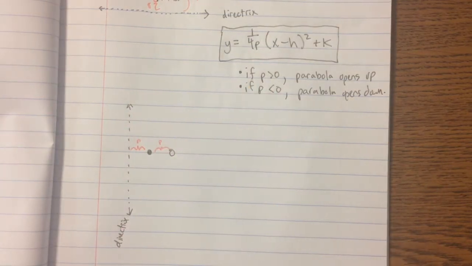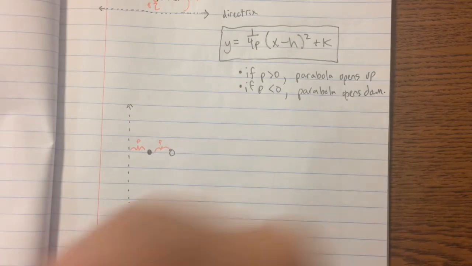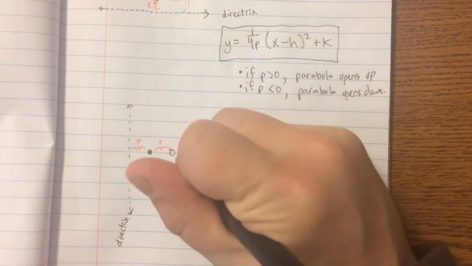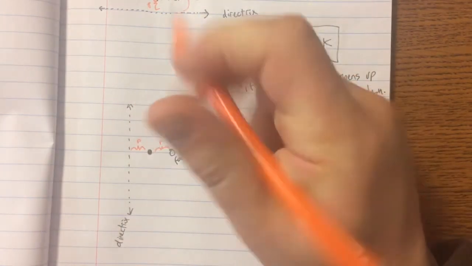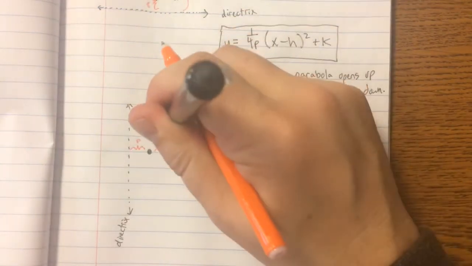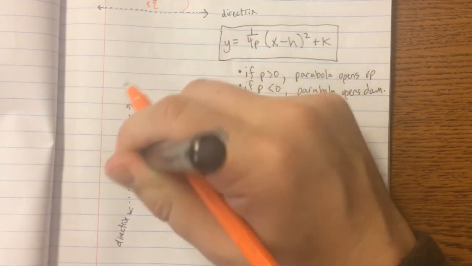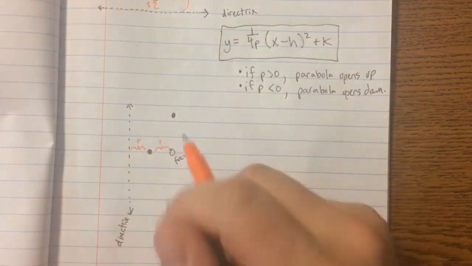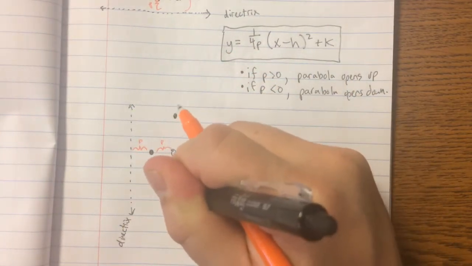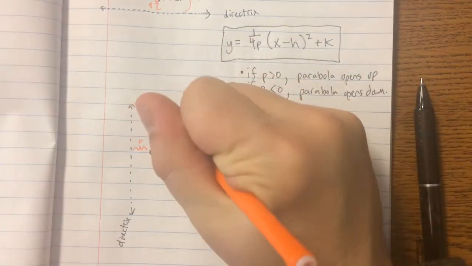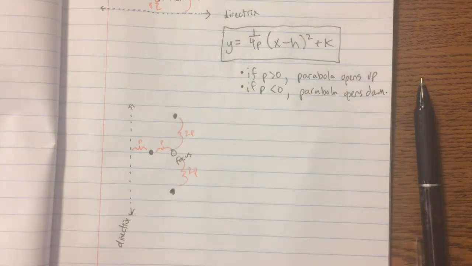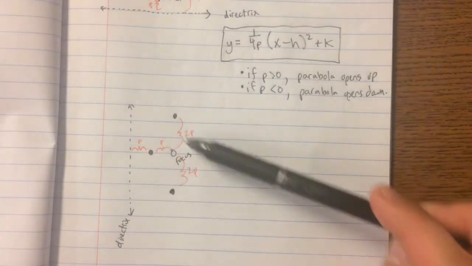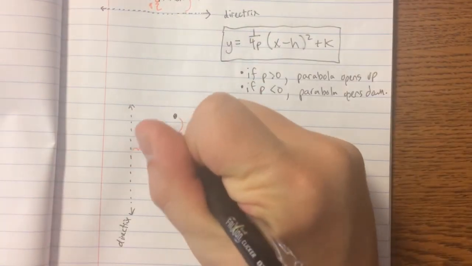And then I'm going to graph this parabola sort of the same way as I graphed the other one, where I go from the focus 2p units up and 2p units down, to find 2 more points. Basically, I'm envisioning a little square here. This distance is 2p. This distance is 2p. And once I have those 3 points plotted, the vertex and these 2 other points, I can draw my parabola.